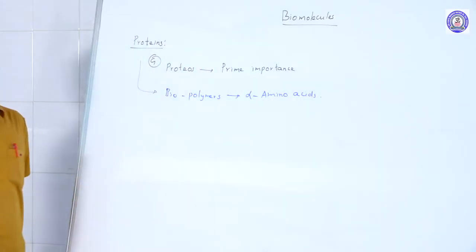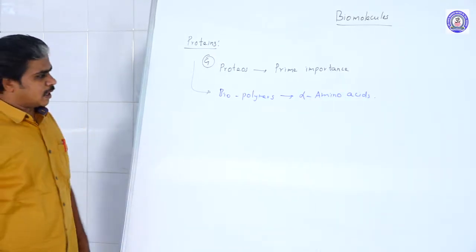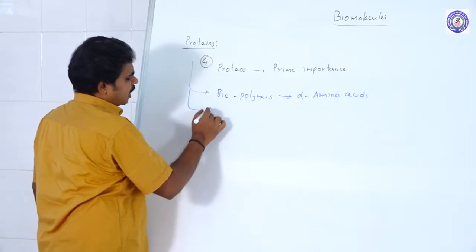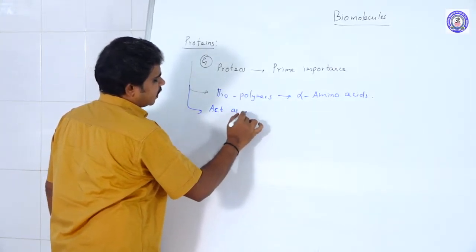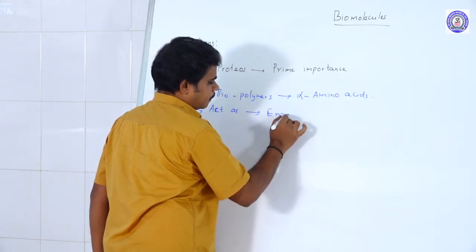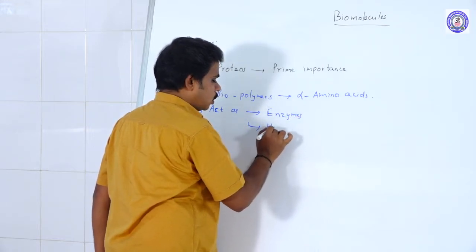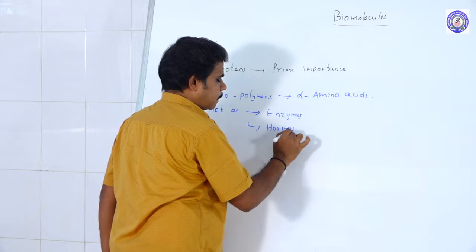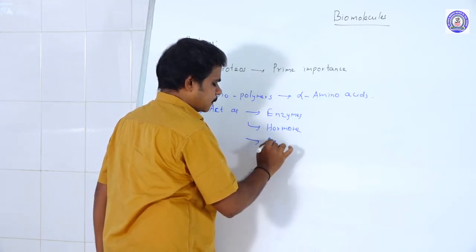Most of the proteins are made up of alpha amino acids. And these proteins may act as enzymes, hormones and antibodies.